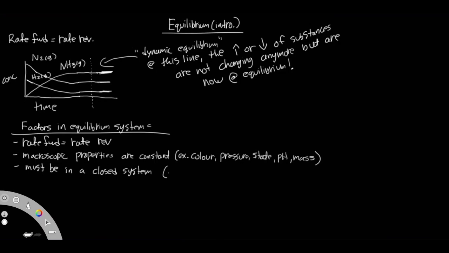Okay, so it doesn't have to be isolated. Obviously isolated means that you're not losing matter and you're not losing energy either. Okay, so this one here is no energy and no matter being lost.